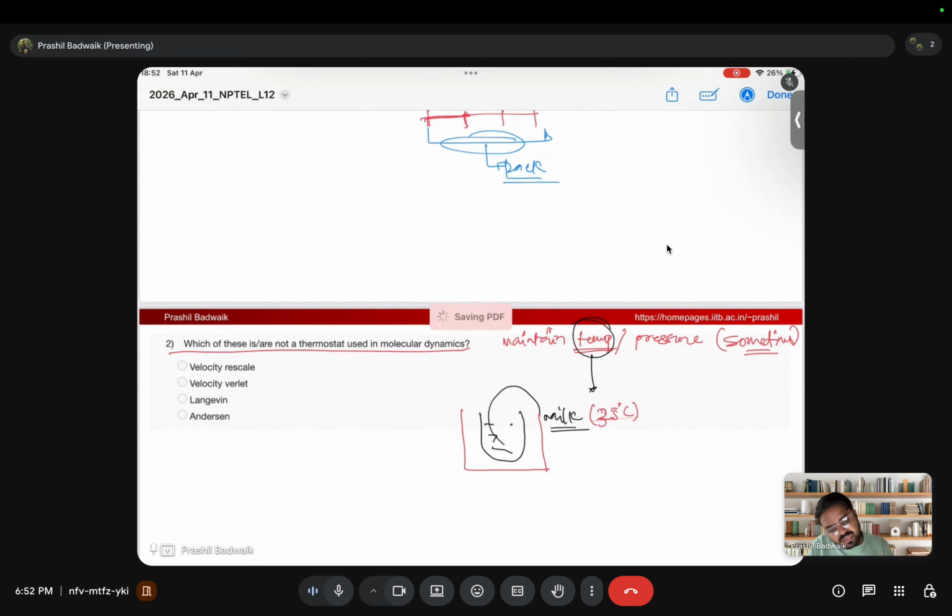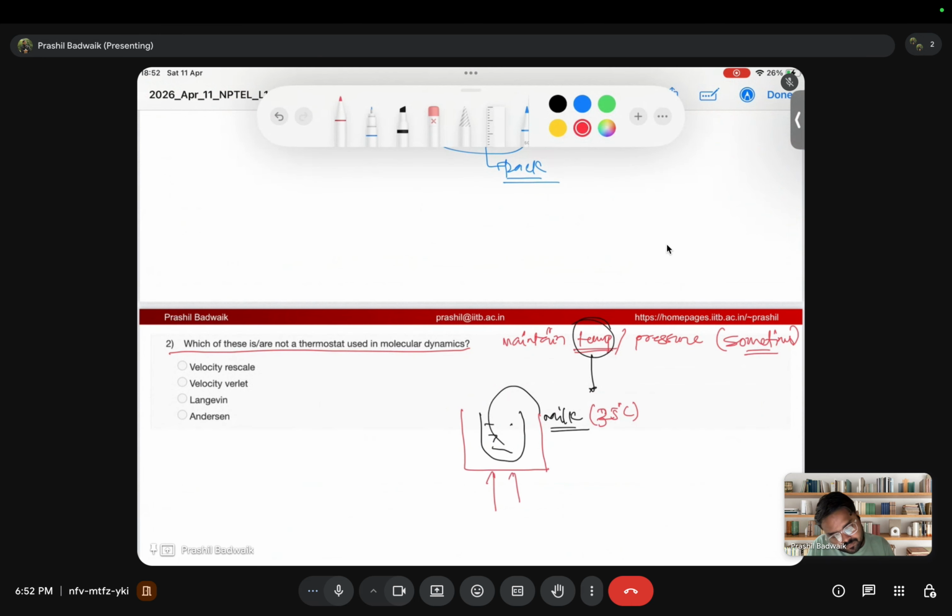Or we can have a bath. We will be heating using a bath. This is hot water whose temperature I am maintaining, and through the temperature of the water in the bath, I will maintain the temperature of the system, the temperature of milk.